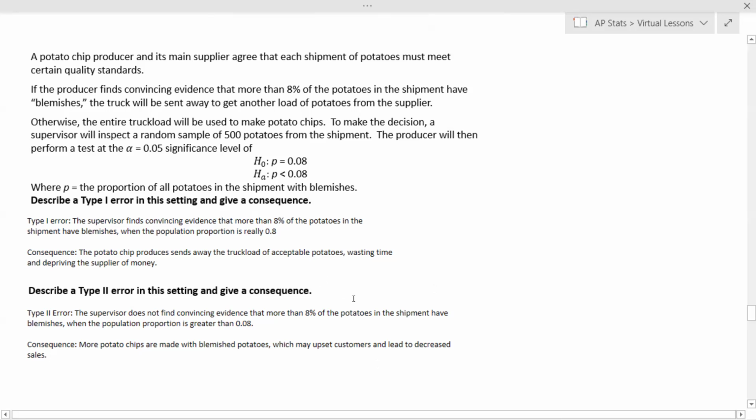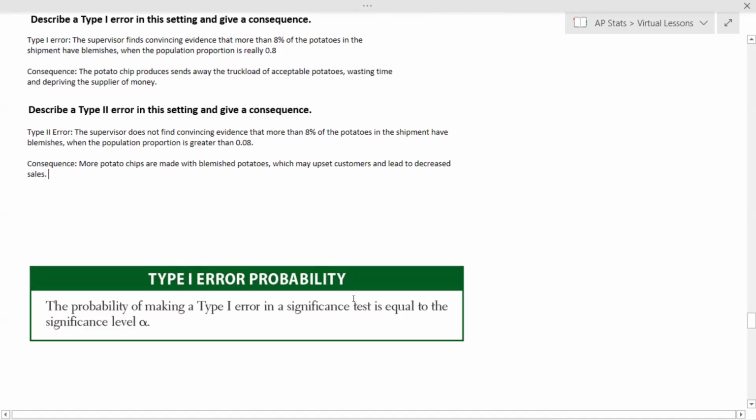One of the things that's important to understand is what is more serious, a type 1 or a type 2 error. And that really depends on the situation. For the potato chip producer, a type 2 error seems like it might be more serious because it may result in a lower quality potato chip product and therefore decrease the sales.